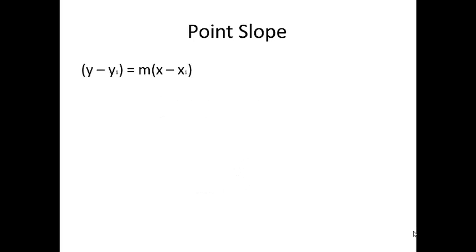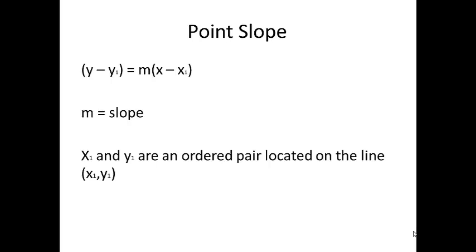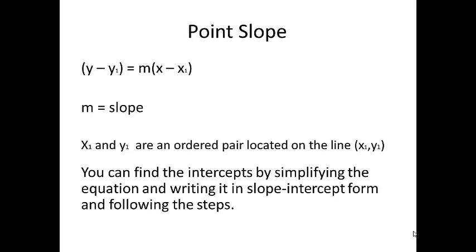You have also learned how to write an equation in point-slope form: y minus y1 equals m times x minus x1, where m equals slope, and x1 and y1 are an ordered pair located on the line. You can find the intercepts by simplifying this equation and writing it in slope-intercept form and following the steps.